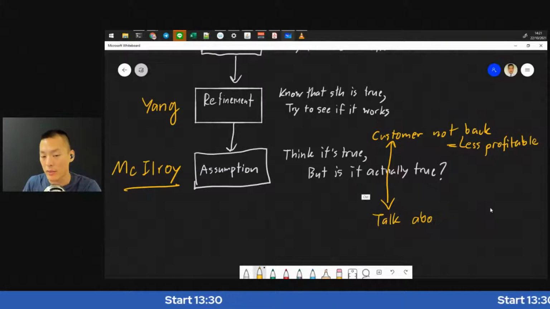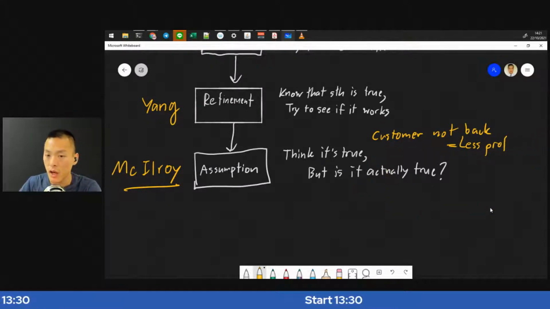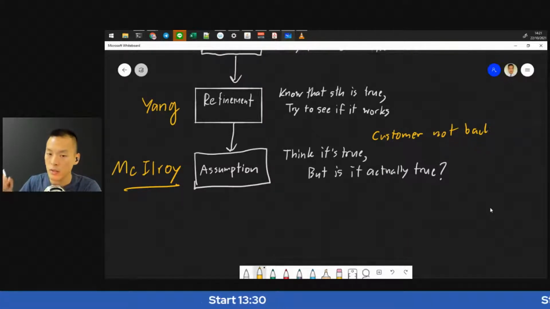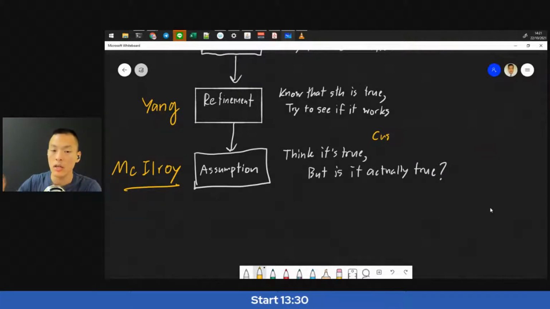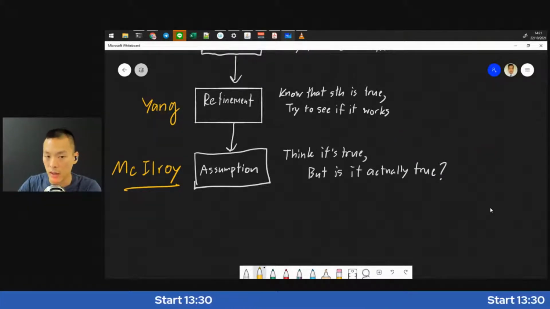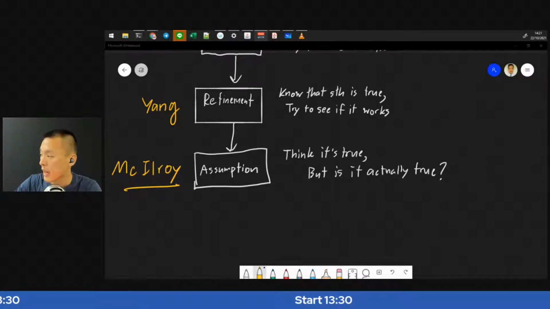And I can go all day with this, and this comes with practice. When you read research papers, always ask, if you want to extend this research paper at the optimization level, what kind of research project would you do? If you want to do it at the refinement level, what kind of research project would it be? And if you want to do it at the assumption level, how would you do it?